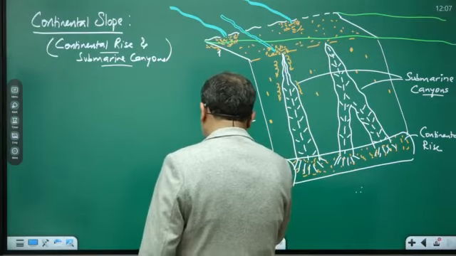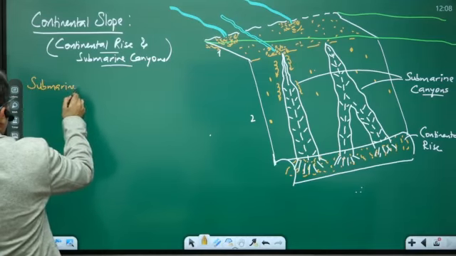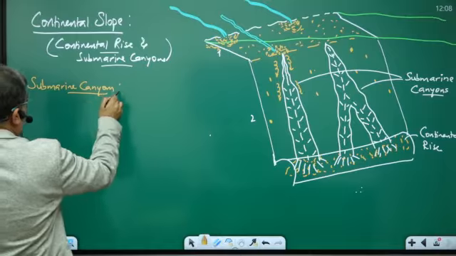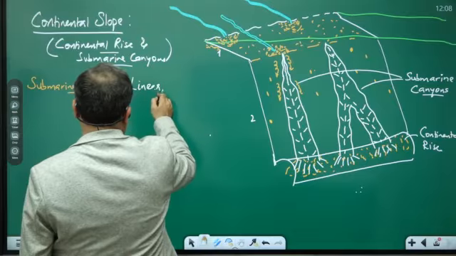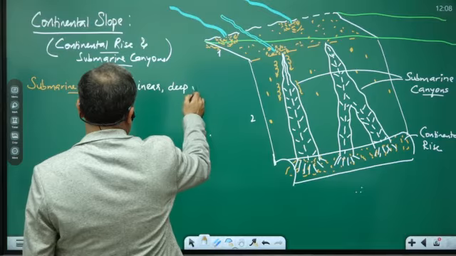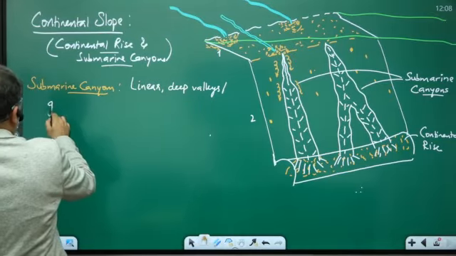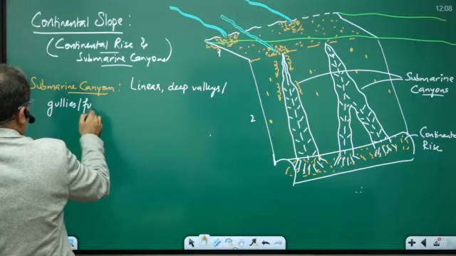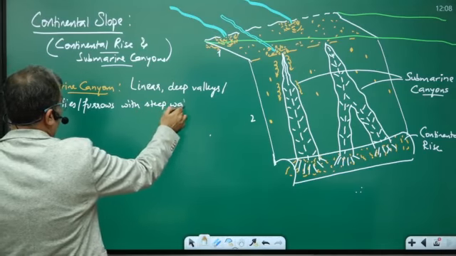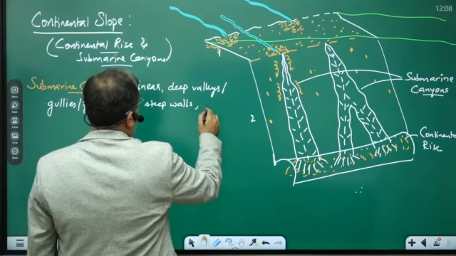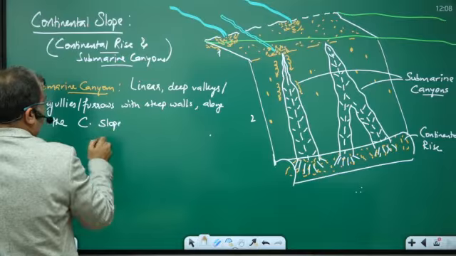So what is a submarine canyon? Submarine canyons are linear deep valleys or gullies or furrows with steep walls along the continental slope.